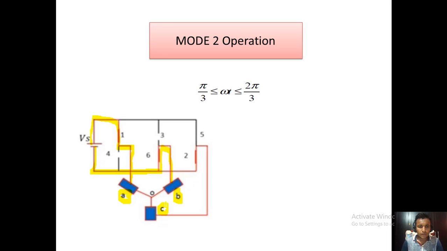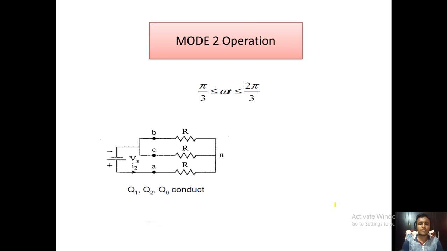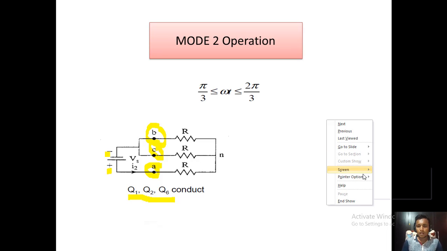So if we draw the equivalent circuit diagram, the B and C terminals are connected to the negative terminal, and A is connected to the positive terminal, and A is in series with the parallel combination of B and C. So the equivalent circuit is like this: the B and C terminals are connected to the negative supply, and the A terminal is connected to the positive supply, and thyristors 1, 2 and 6 conduct in this mode of conduction.